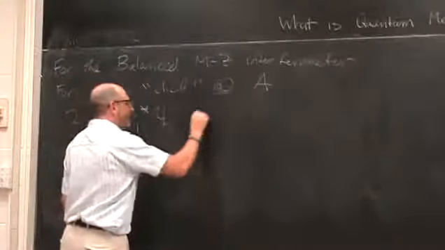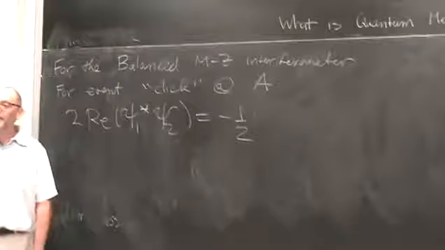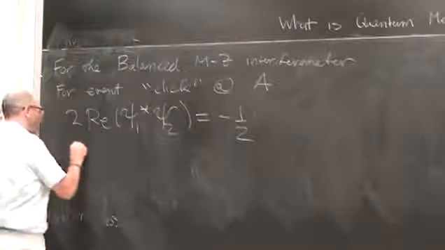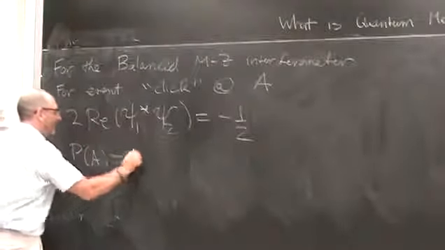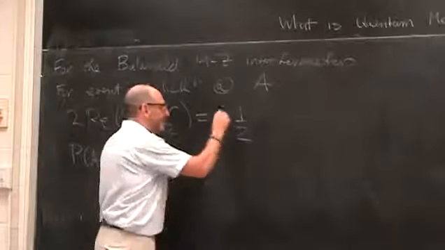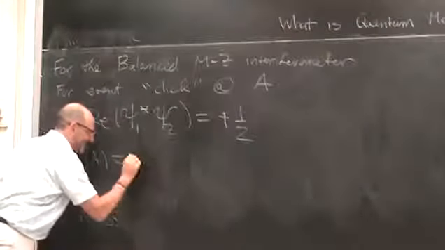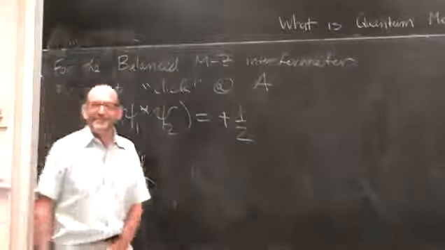It's negative a half. So that whereas P1 plus P2 here, according to what's written on the backboard, is a half, this is equal to minus a half. So that the total probability for A to go click, oh, it's the other way around. Sorry, this one's positive. This is 1, pardon me.